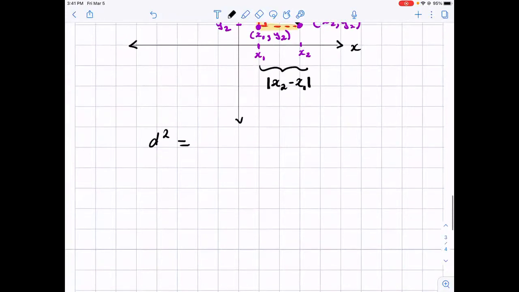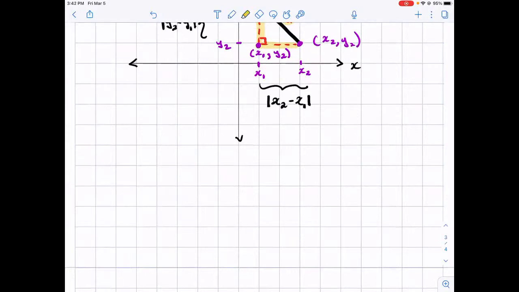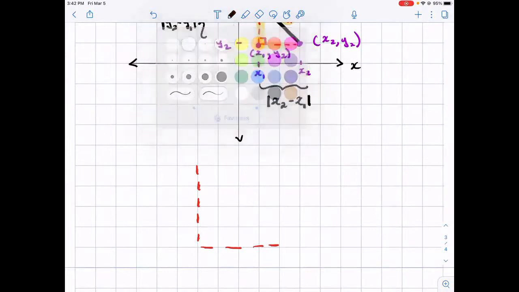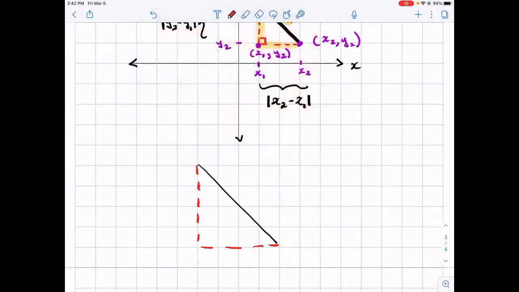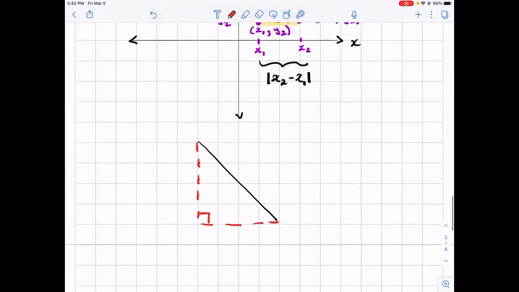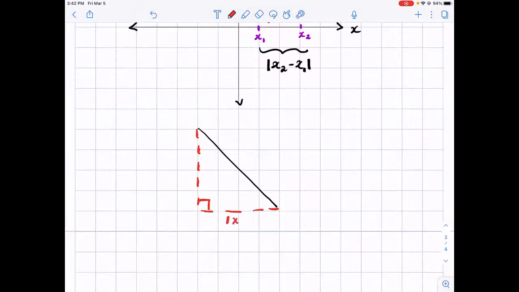I can even redraw that triangle so it looks less confusing. It is 90 degrees. This side here is the absolute value of x2 minus x1, this side here is the absolute value of y2 minus y1, and this here is d.